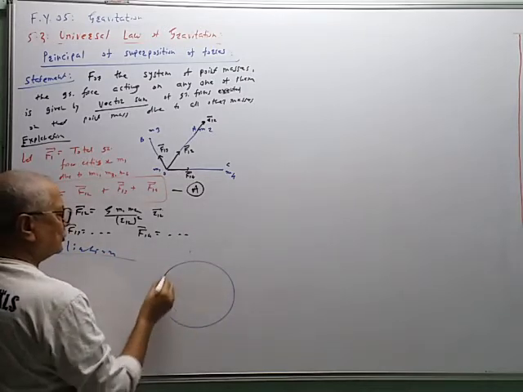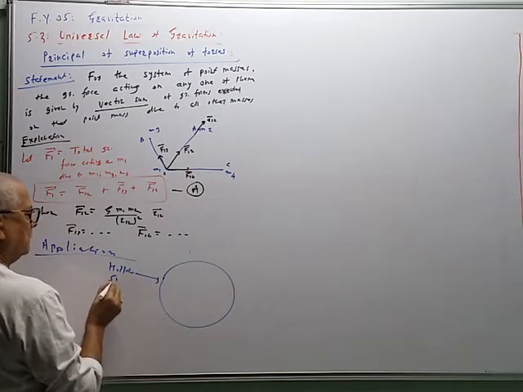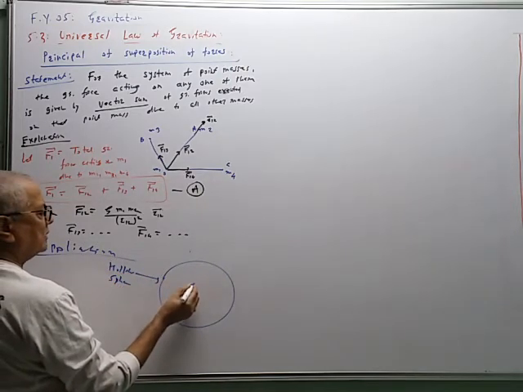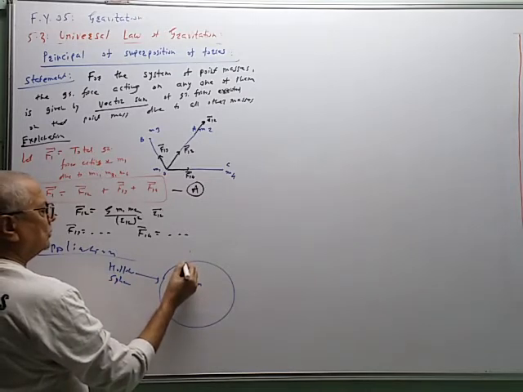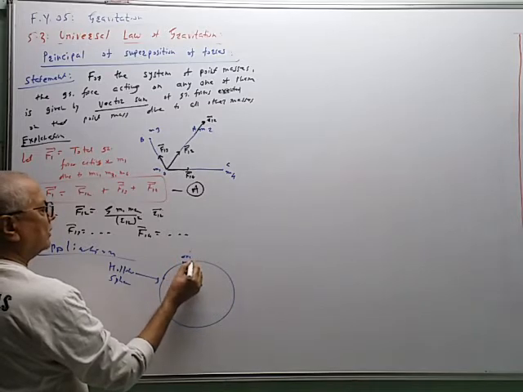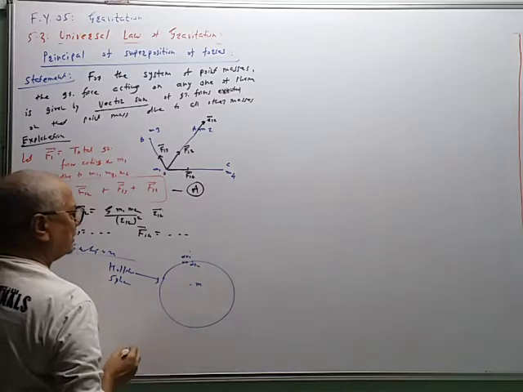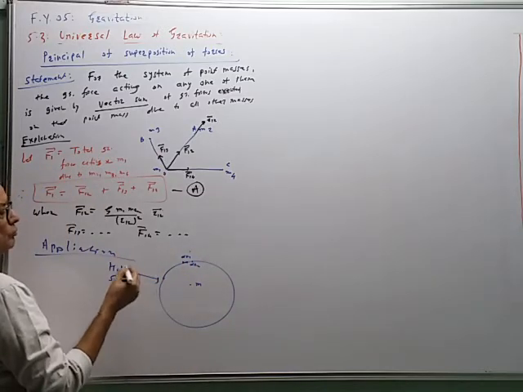So if this is a hollow sphere and say this is a particle of mass m kept here, this segment has mass dm1, this next segment has mass dm2, etc. So this whole sphere may be hollow, may be solid.